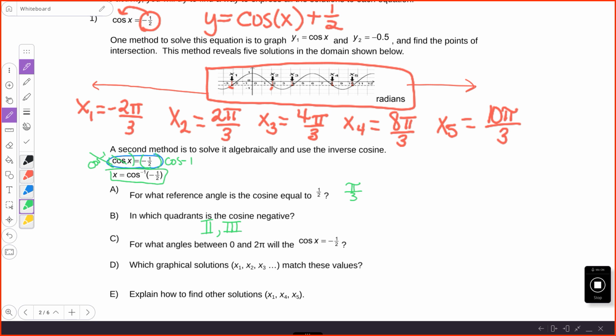Think about it for just a minute. If this is pi, that means it's also 3 pi over 3. So if I back up into quadrant 2, what is this? 2 pi over 3. So 2 pi over 3 is one of them. And this is 3 pi over 3 right here, I also need to go down into quadrant 3. 4 pi over 3.